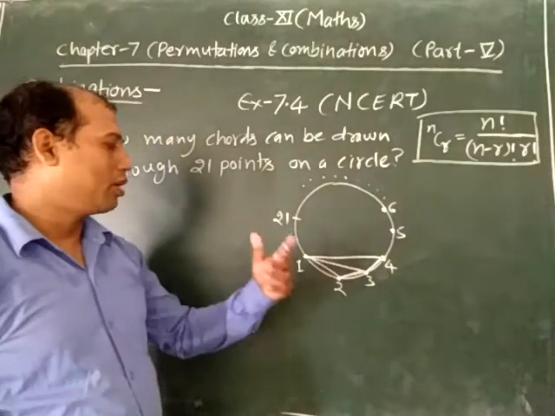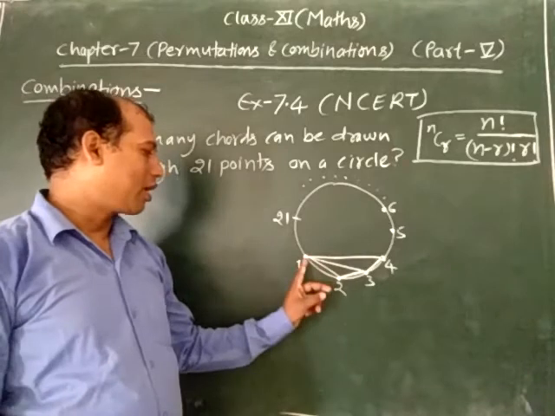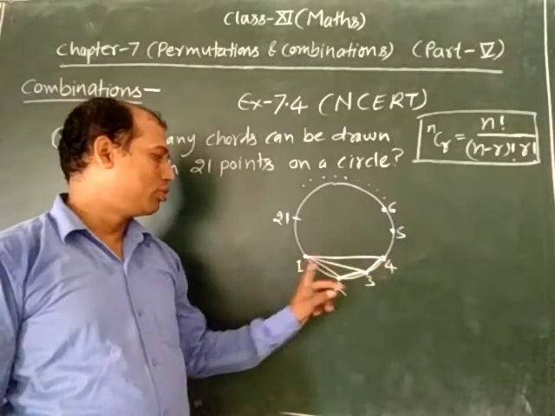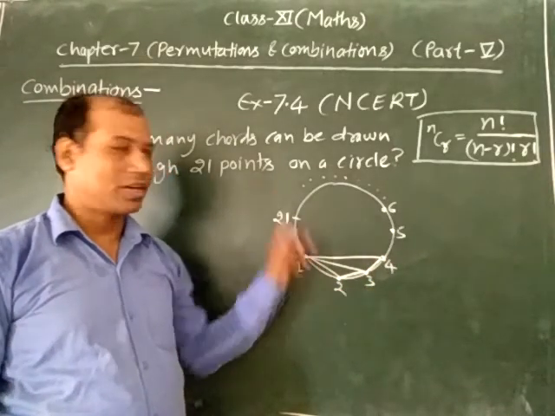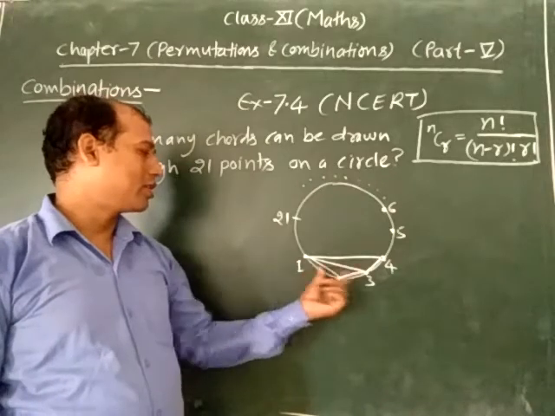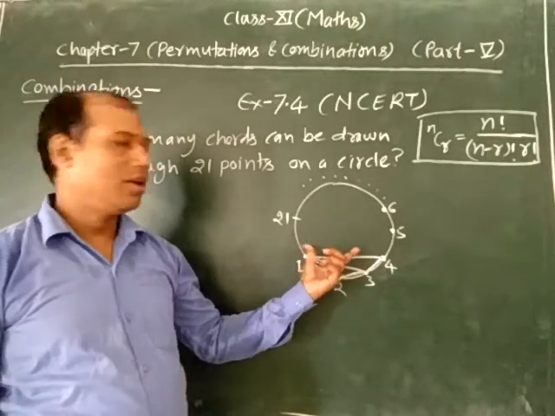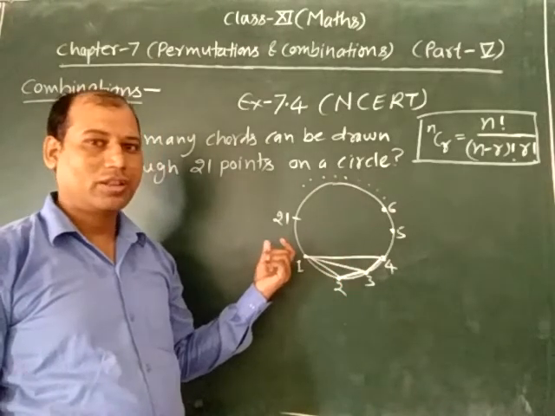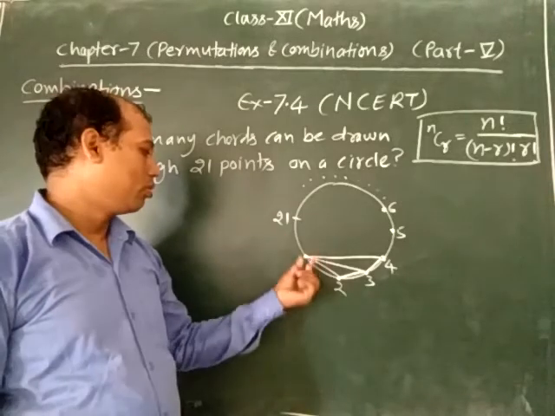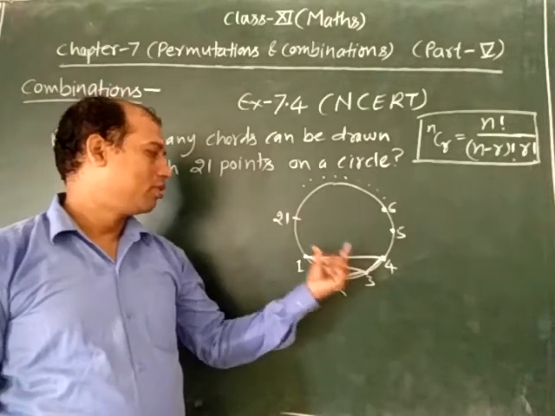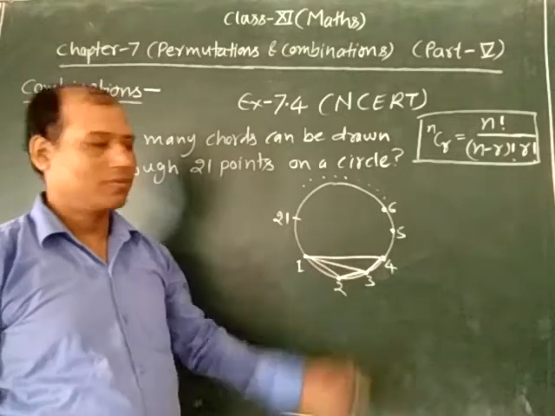Now from this figure, we can see that a chord can be drawn by choosing 2 points on the circle. Means we can select any 2 points on the circle and we join those 2 points, then we get a chord. So for a chord, we have to select only 2 points.